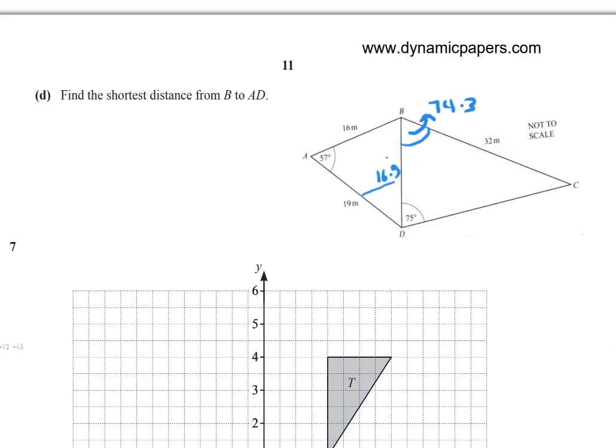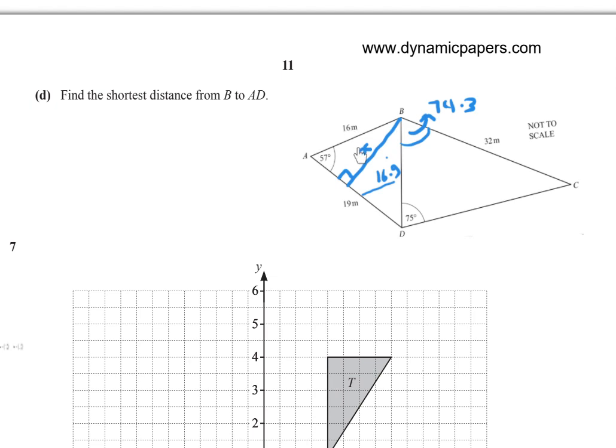D, find the shortest distance from B to AD. The shortest distance is the perpendicular distance, so we need to draw from B a perpendicular to AD. We need to find this distance. If we consider this distance x, to find x we have a right angle triangle. We have this angle 57 and the hypotenuse 16.